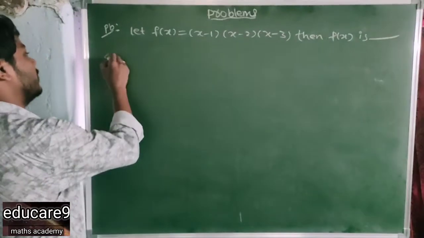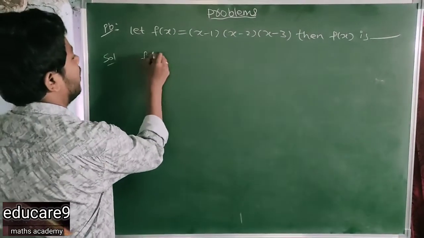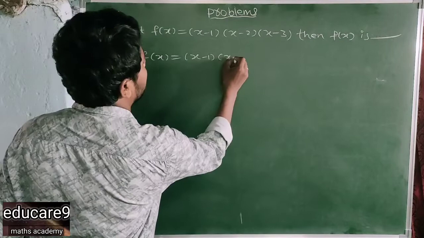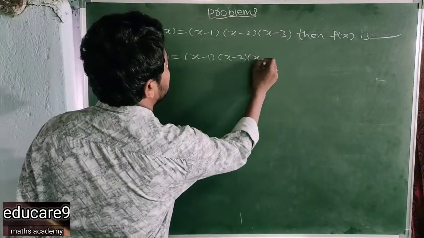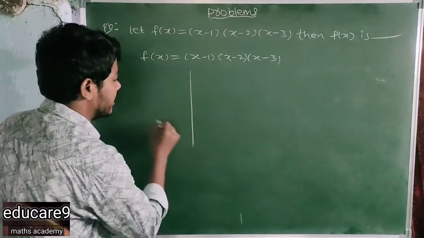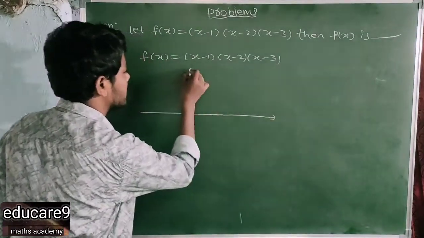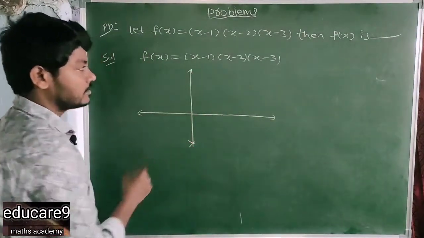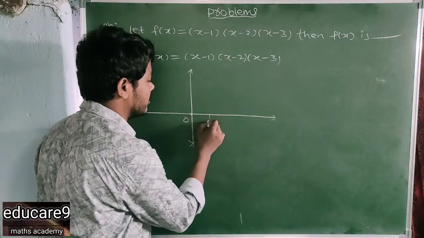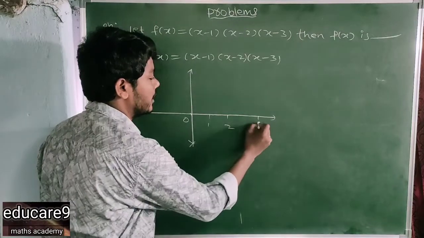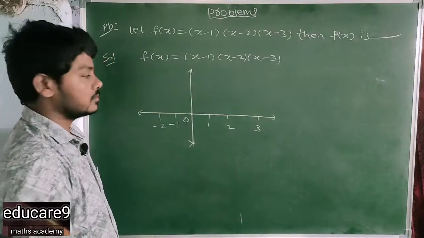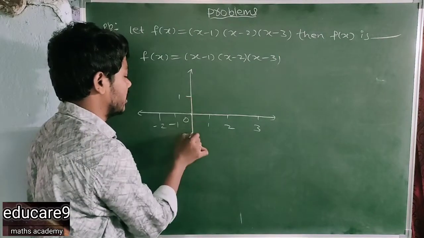So what is the given function? f(x) = (x - 1)(x - 2)(x - 3). Now consider the coordinate axes. Here locate the points. This is 0, this is 1, this is 2 and this is 3. Here -1, -2, and so on. Now here 1, here -1.